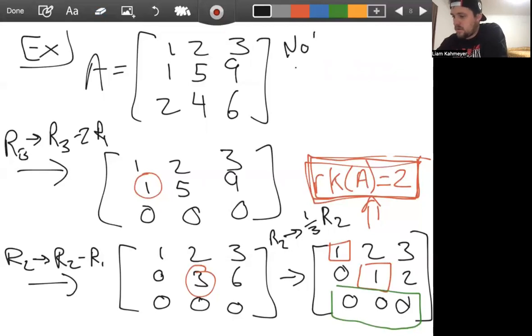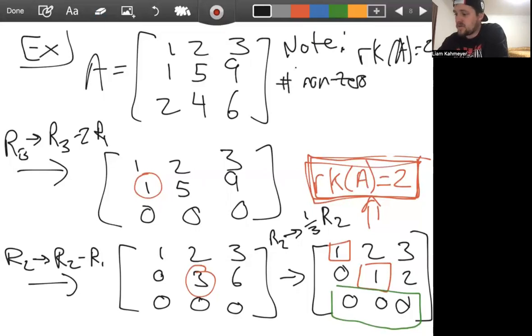Note the rank and the number of non-zero rows. These are both 2. I'll spoil some theorems in later material, but this is not a mistake.